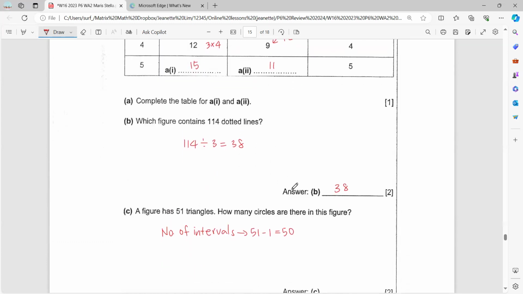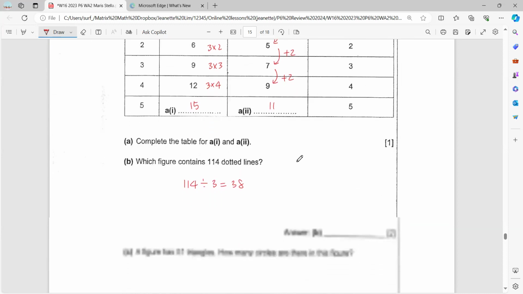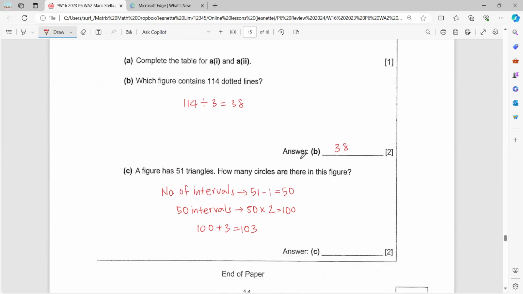So we'll take 50 times 2. Then that's from all the intervals that you're adding to the original number, which is a 3. So you have to add back 3. And that will give you the final number of circles. Okay, so that's the answer, 103.